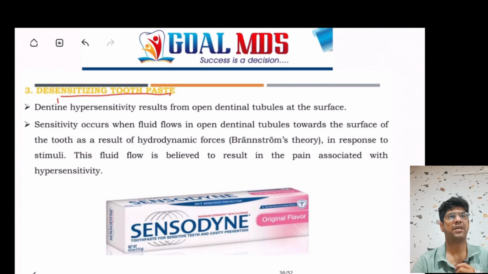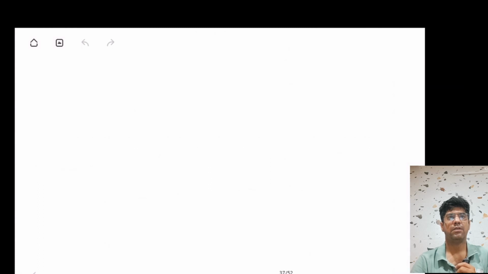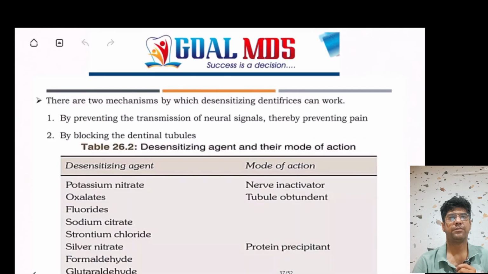Desensitizing toothpastes are available in the market. What are the ways by which desensitizing dentifrices can work? Number one, by preventing the transmission of neural signals and hence preventing the pain, or by blocking the dentinal tubules.